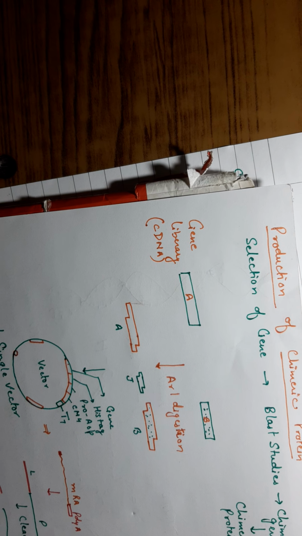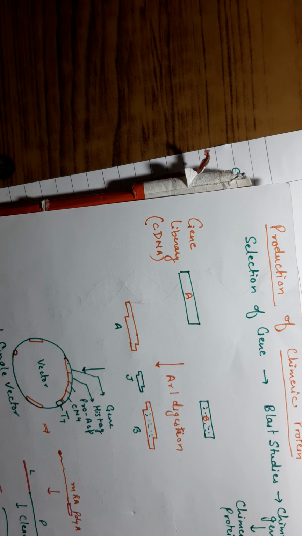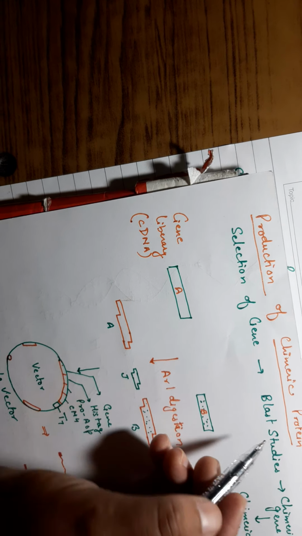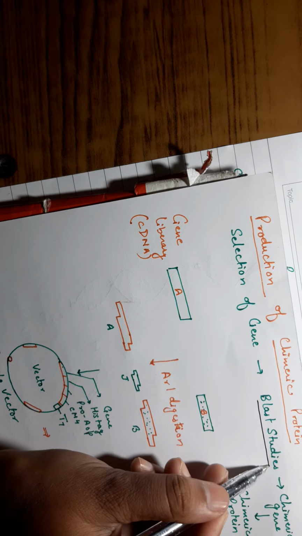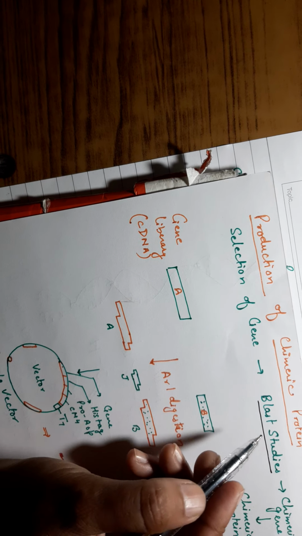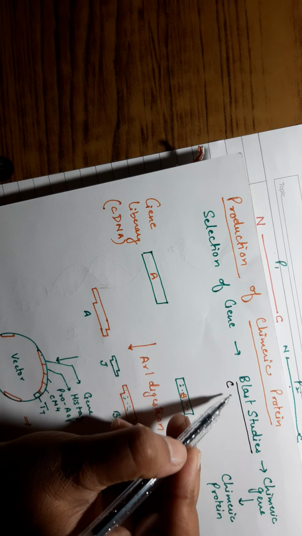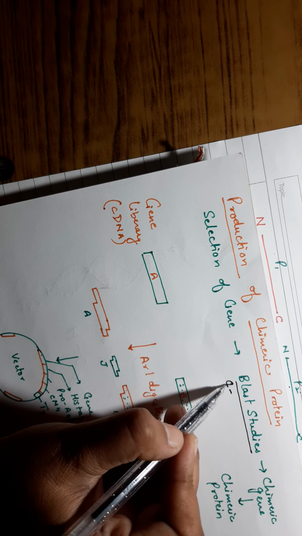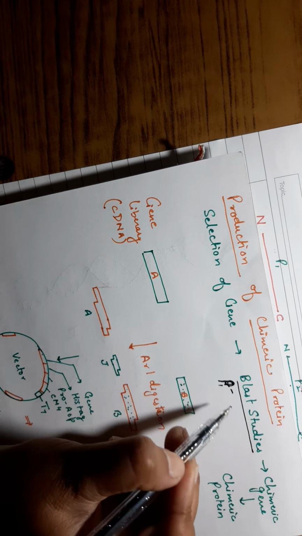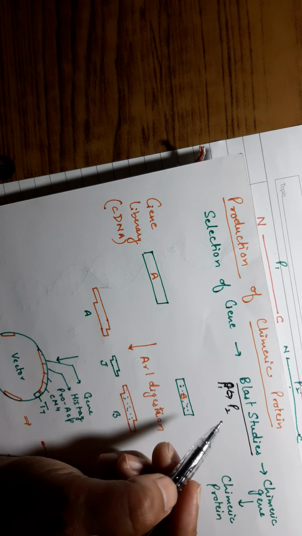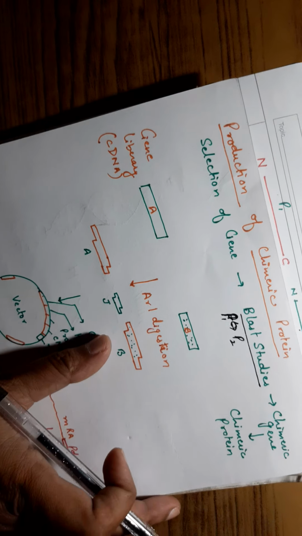We may select it from a cDNA library. And if we have selected the gene, we do BLAST studies so that we can identify which of the two proteins we can fuse, so that we can gain a functional chimeric protein.